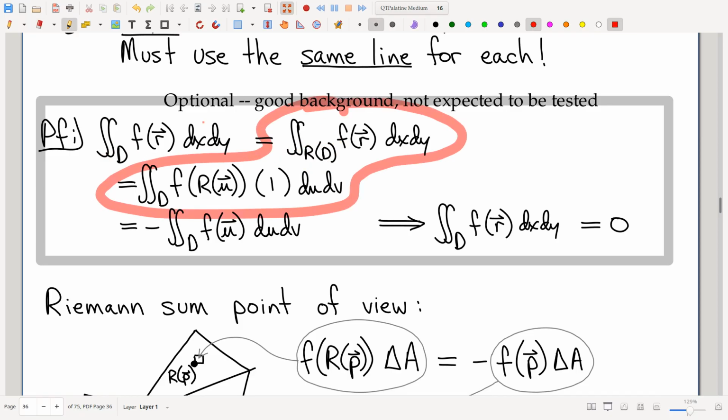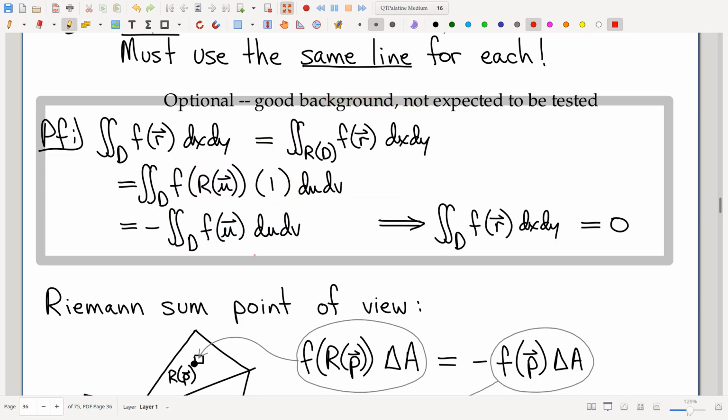We pull back through the reflection back to the original domain, which of course is the same. You plug in the change of variables function as usual. Don't forget your stretching factor, and if you think about it, it doesn't even matter what line you reflect over, any reflection preserves areas. This is not a funhouse mirror type situation. It's regular, nice, flat reflections that preserve areas. So the stretching factor is 1.